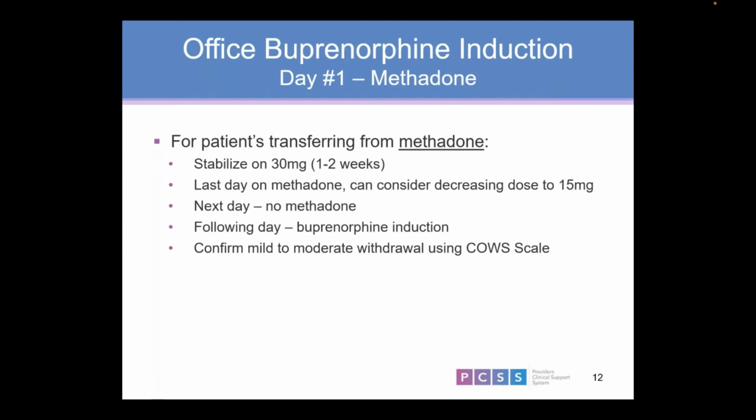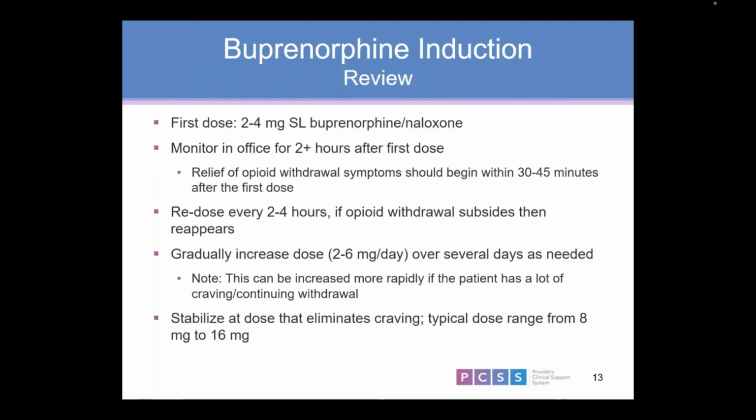And so again, I would encourage that you go that 36 hours to 48 hours. So here they're saying no methadone the day after dosing, and then the following day, typically, they're going to be a candidate to start low and go slow in inducing them to buprenorphine. And literally everyone that you're doing this with, you're looking for mild to moderate withdrawal.